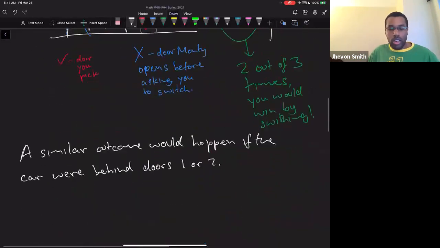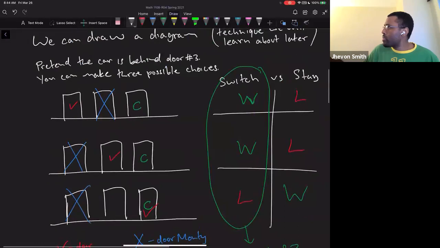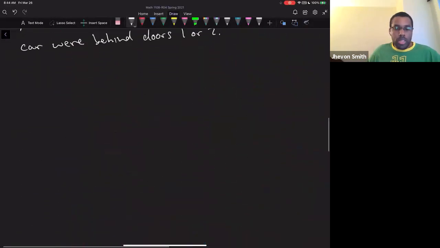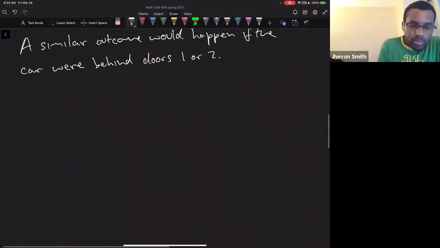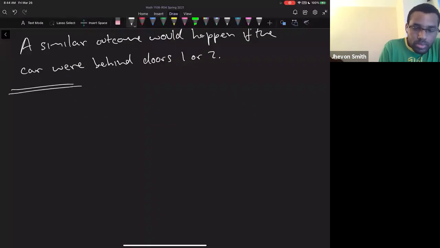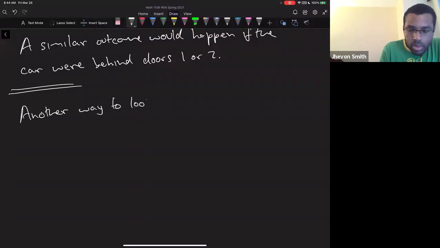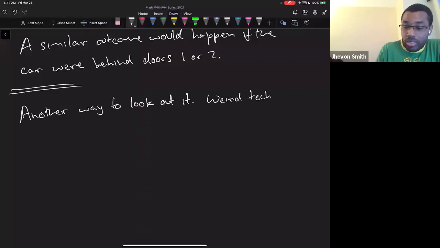There's another way to actually look at it, and I don't remember if this was the solution that was given. It's actually a kind of weird technique as math goes, but sometimes it works.